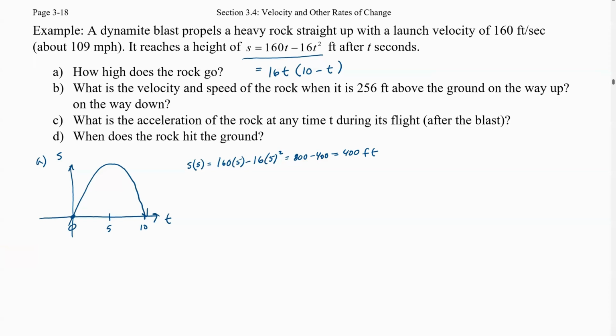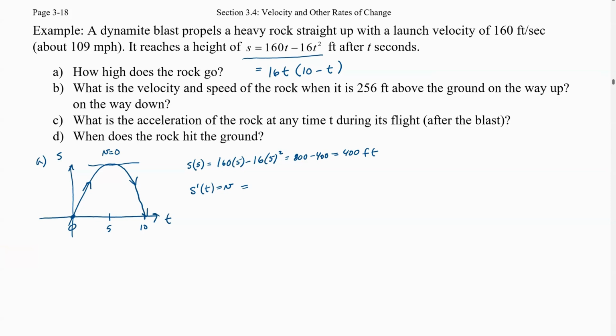When that rock changes from going up to going down, for a very short amount of time, an instant, let's say, the velocity is 0. Maybe I could take the derivative of position, which is velocity, and get some insights.